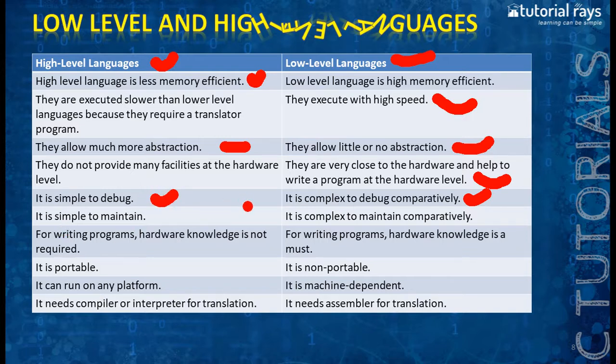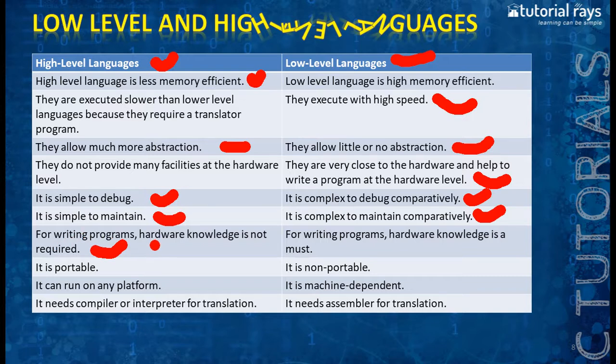The next one is, high level language is simple to maintain as well, because you write the program in more English-like language. But in low level language it is normally written in 0-1 format, so it is very difficult to maintain. For writing programs in high level language, hardware knowledge is not required.